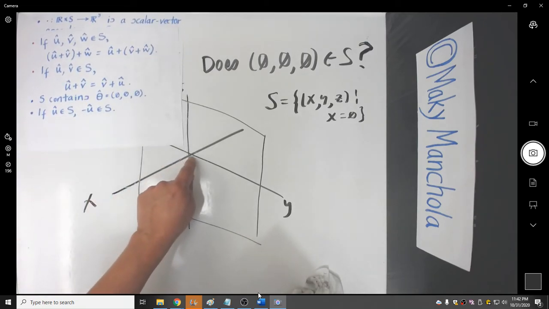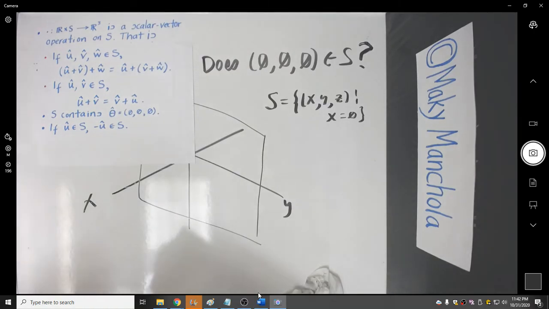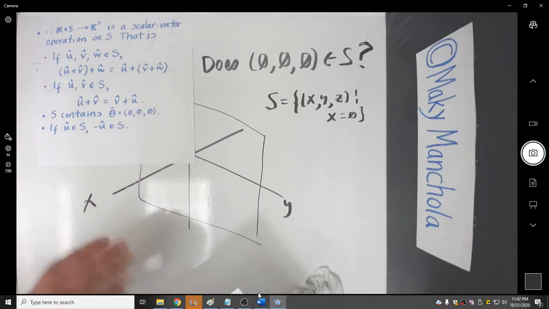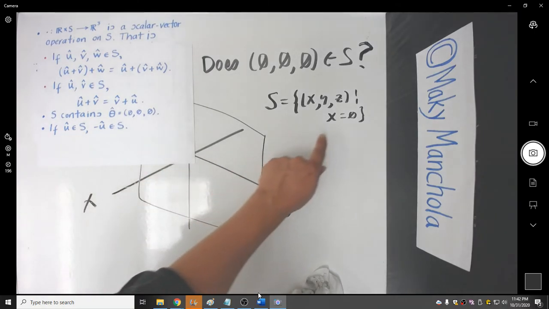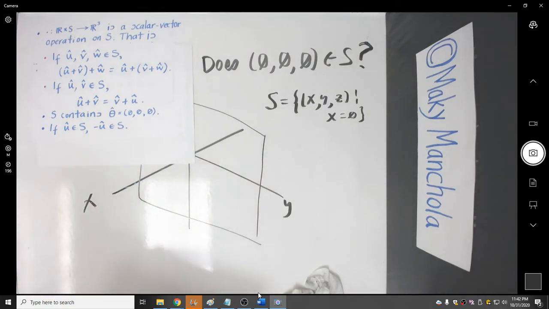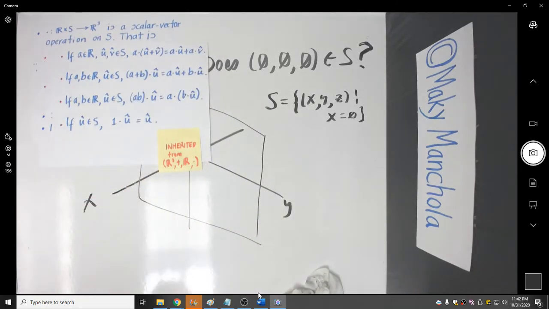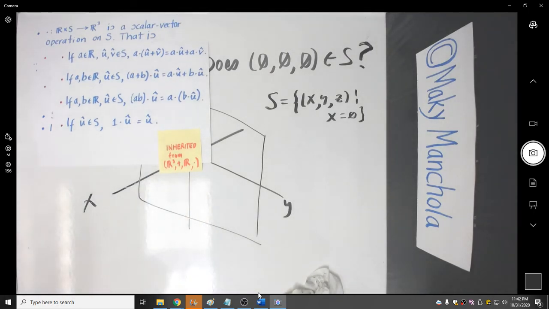In this case, it's easy to confirm. That's the origin. The YZ plane contains the origin, so that's not difficult to verify in this case, but it needs to be verified. Also, we confirmed in that previous example that whenever you have an element in the set S, the opposite of that is also in S. So I'm referring the audience to see that example. And then the last four properties were inherited from the linear space R3.